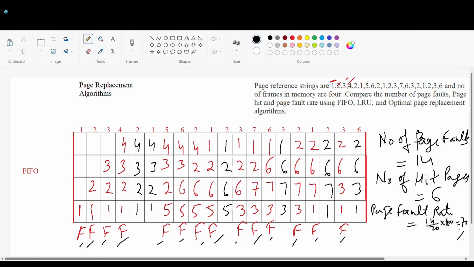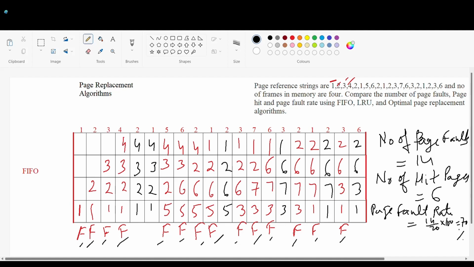See, 1 will be uploaded to the main memory, so the page will be a fault. Okay, then 2 will be uploaded to the memory, then 3, then 4, 1, 2, 3, 4.